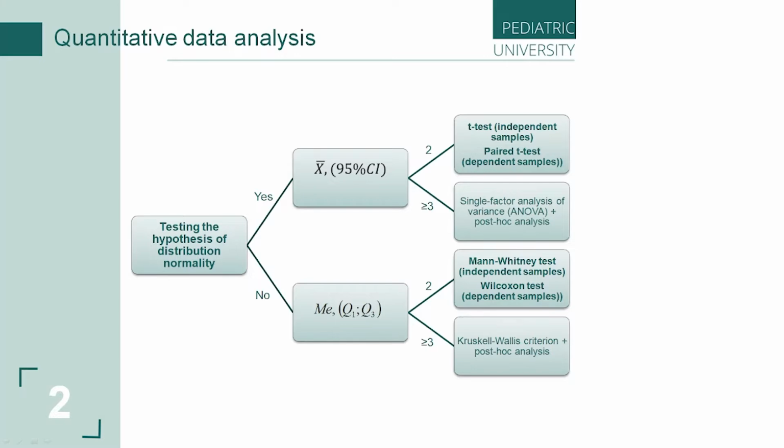We need to introduce correction for multiple comparisons, because if we have many comparison groups, the probability of error can accumulate.